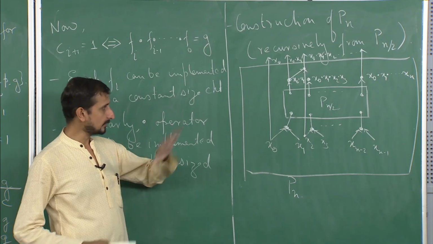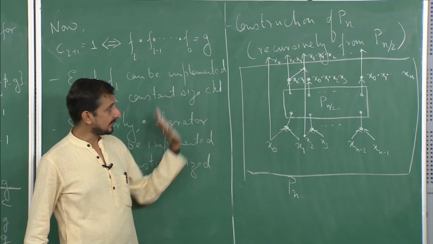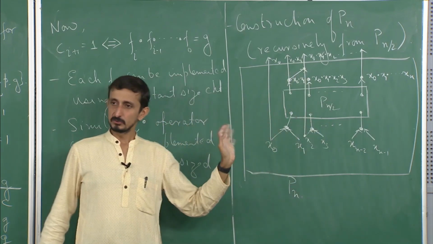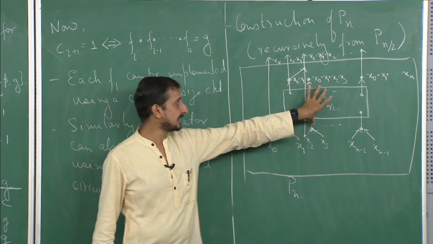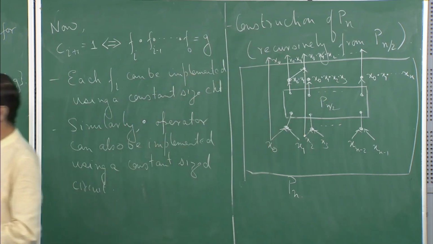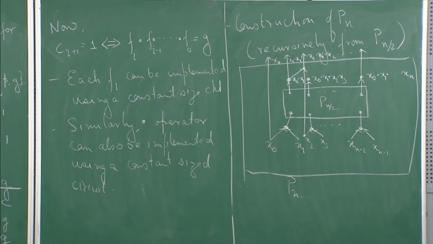Okay. So, now let us analyze what is the size of Pn and what is the depth of Pn. The construction is clear, right. If I have Pn by 2, I can get Pn from this. So, what is the size and depth analysis of this circuit?